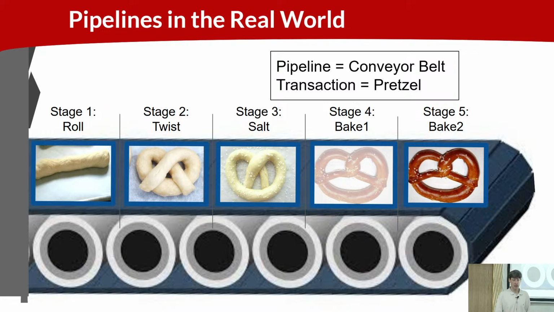Okay, so that's the concept of pipeline, to overlap operation, overlap execution. The faster you run your clock, the faster the throughput, but the less you can do in each step, so the more you have to overlap. So in this picture, the pipeline is the conveyor belt, and we'll use the term transaction to be the pretzel, the thing that's moving through the pipeline.